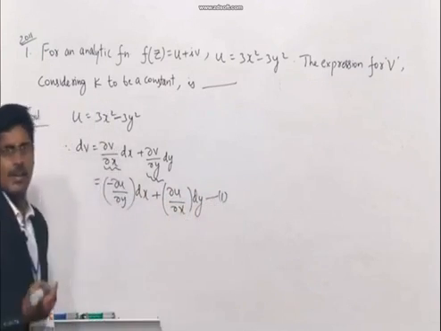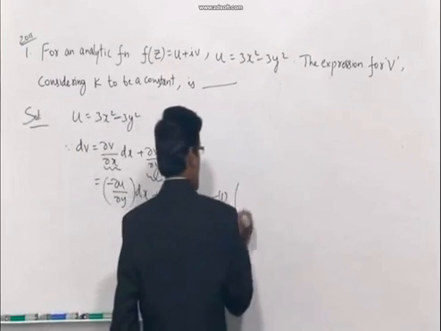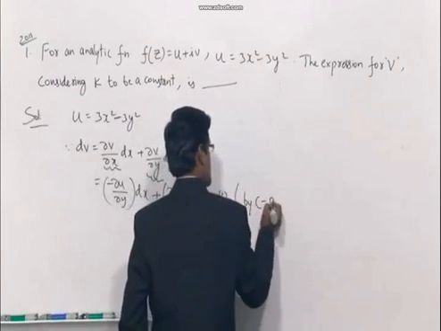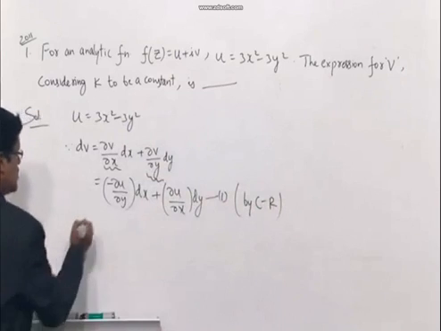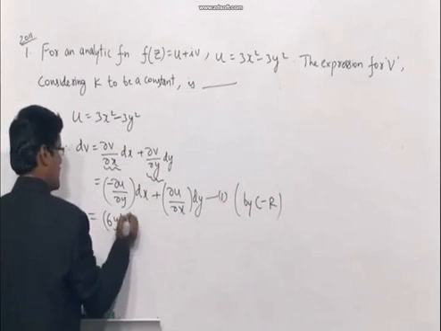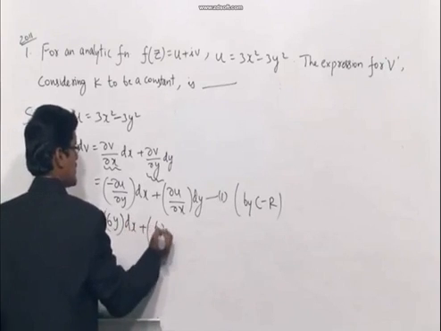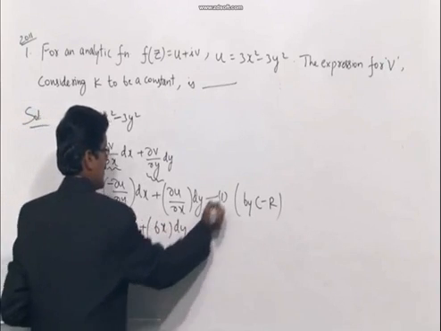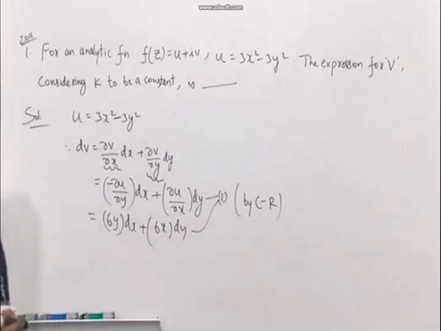This is equation 1, by the Cauchy-Riemann equations. What is minus dou u by dou y? It is 6y times dx. What is dou u by dou x? 6x into dy. Again, this is also equation 1.